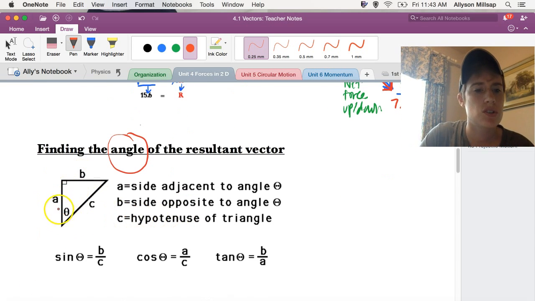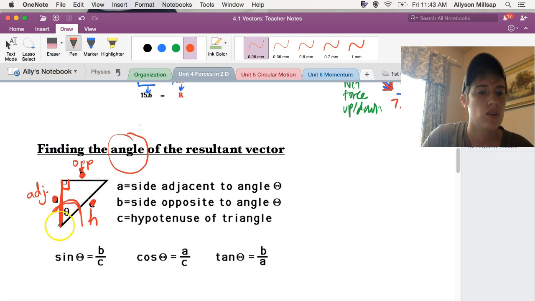What I want you to keep in mind is, let's say here's our angle. If this is the angle of our object, we're going to change A, B, and C to be, this is the adjacent side. It's the side right next to the angle, and it's connected to the 90-degree angle right here. This is going to be the opposite side of your triangle, and this is what's called the hypotenuse.